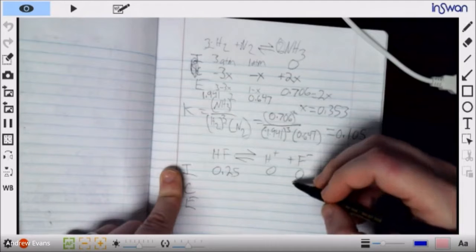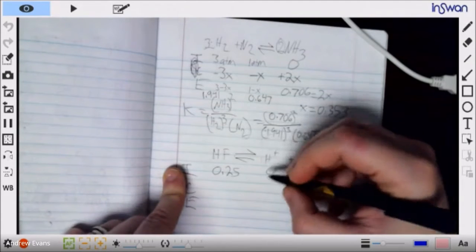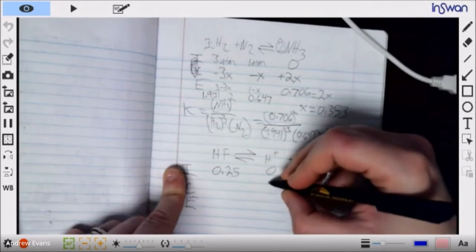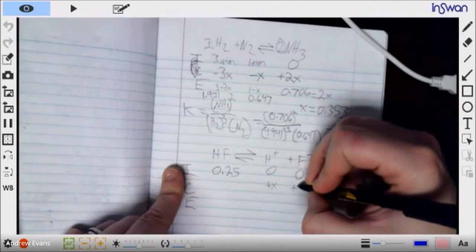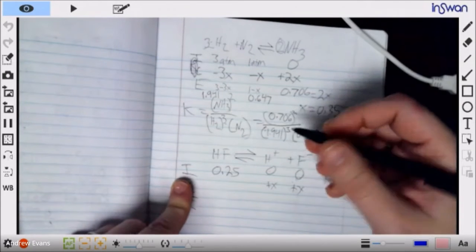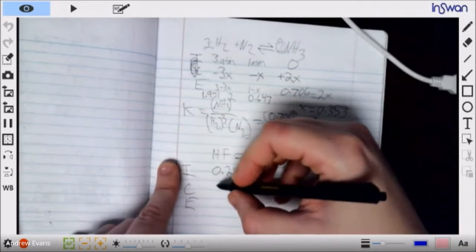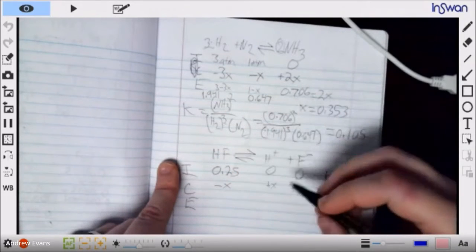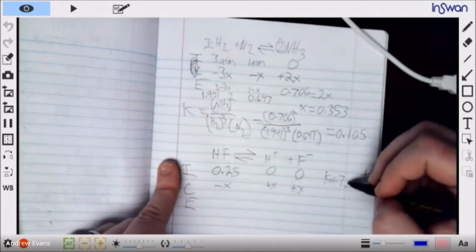So that means for the reaction to proceed, you have to have some increase of H plus and F minus. And that means you'll have to have some decrease of HF because Ka is not 0.